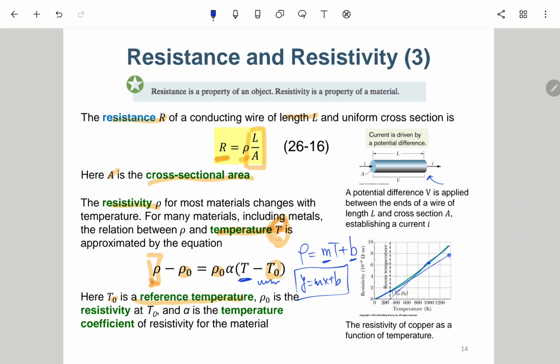It's already a linear function, but we make it like this just to let you know that you reference the point T0, the temperature T0, with resistivity rho 0, so that if rho equals rho 0, then this is 0, and T minus T0 is also 0, so 0 equals 0 is correct, and then this is the slope.